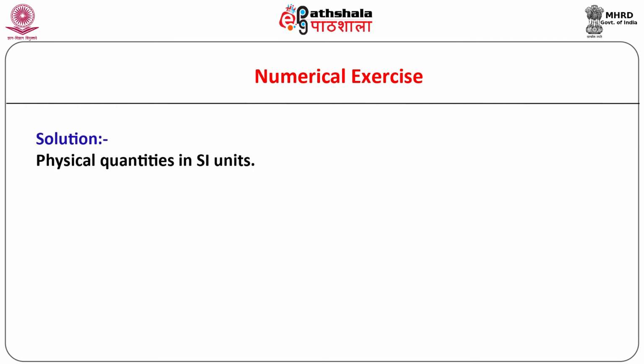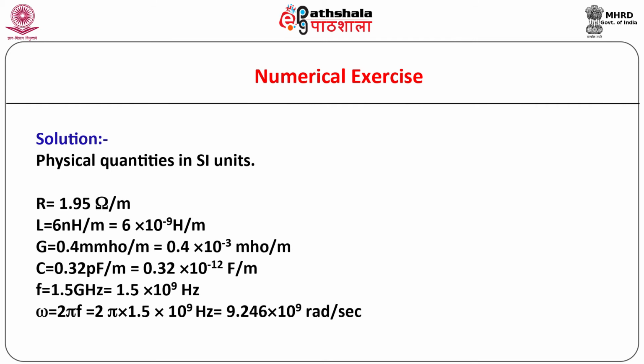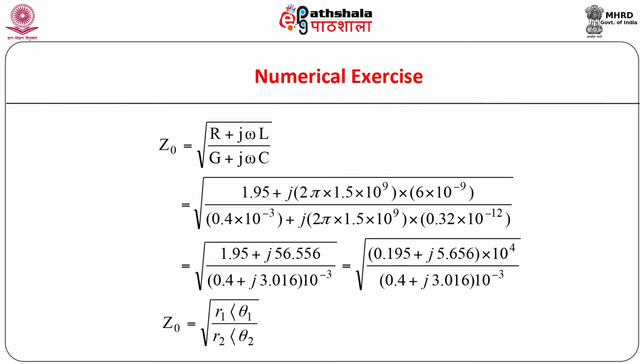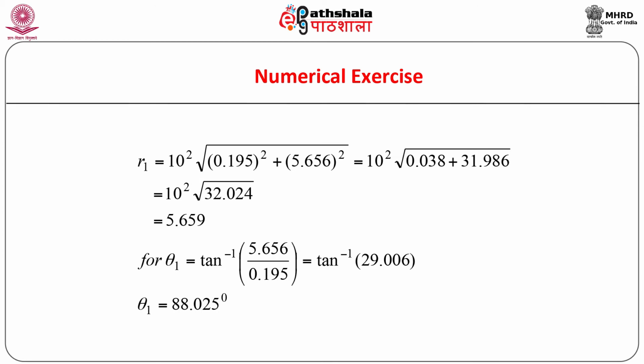Let us make conversion of the given physical quantities into SI units. The conversions are as shown. Observe the substitutions and subsequent manipulations made in finding out the characteristic impedance Z0. The values of R1 and θ1 needed are to be computed as shown.